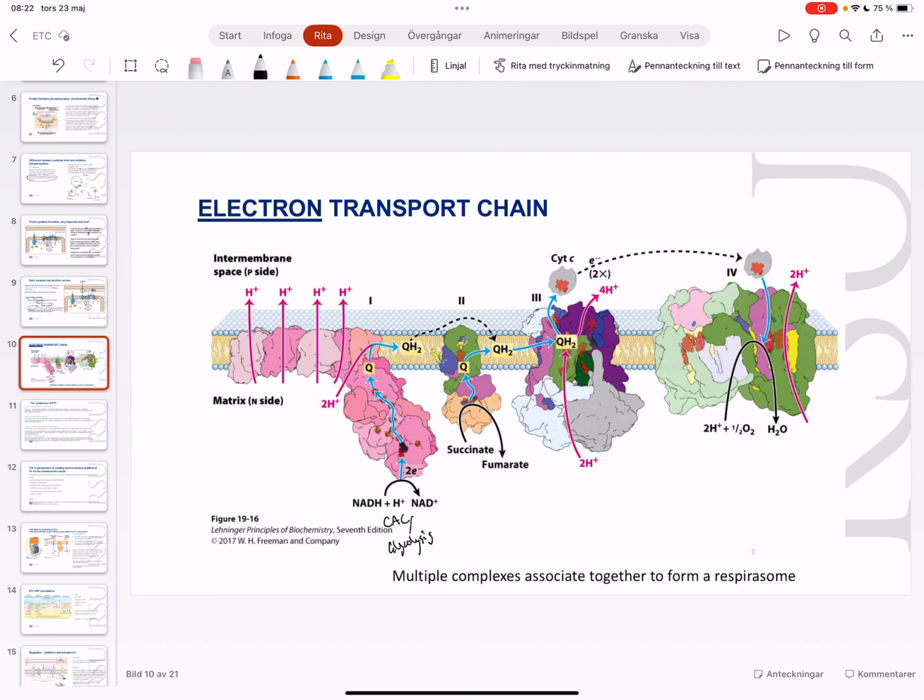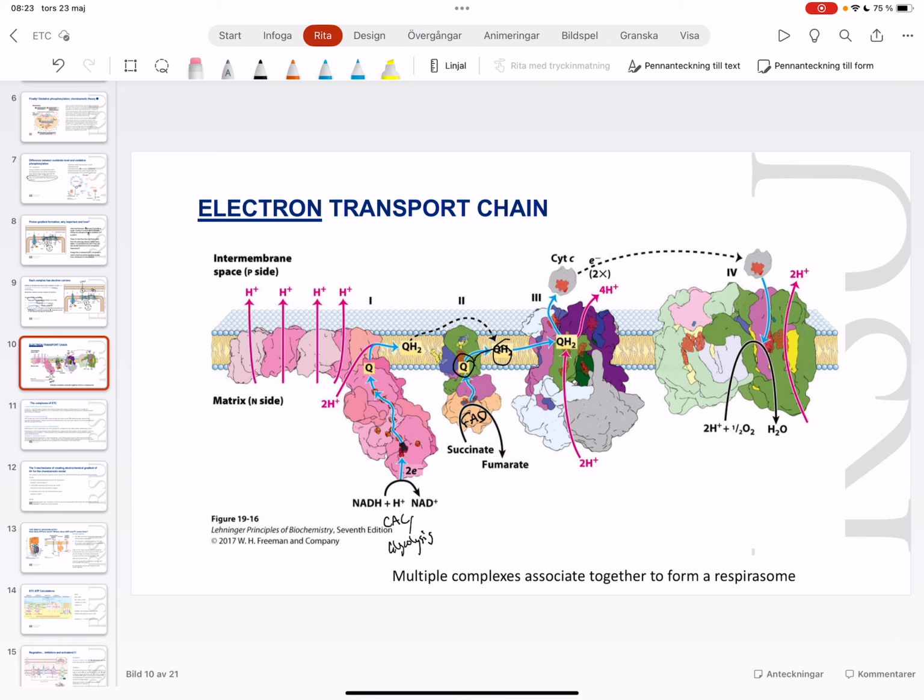And what happens here is that we will have the cofactor FAD. And as succinate is oxidized to fumarate, it will release 2 electrons. And these 2 electrons will be picked up by the FAD, and they will then travel through iron sulfur clusters, and ubiquinone will pick them up, and it will become ubiquinol, and ETC, etc.